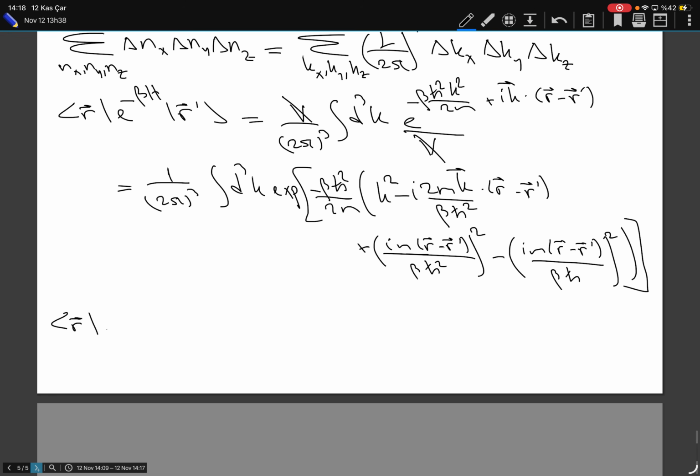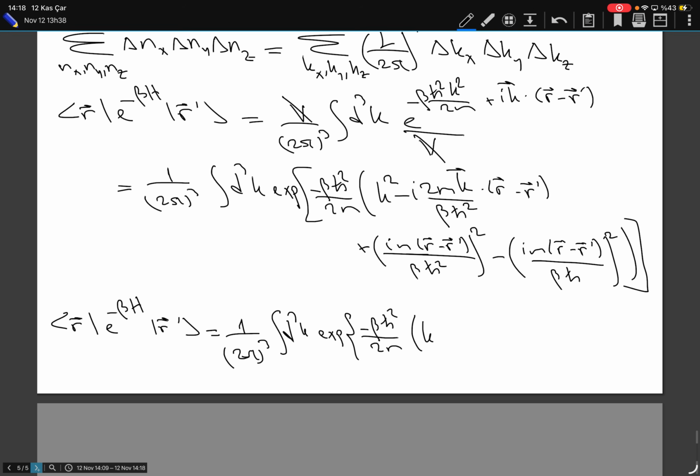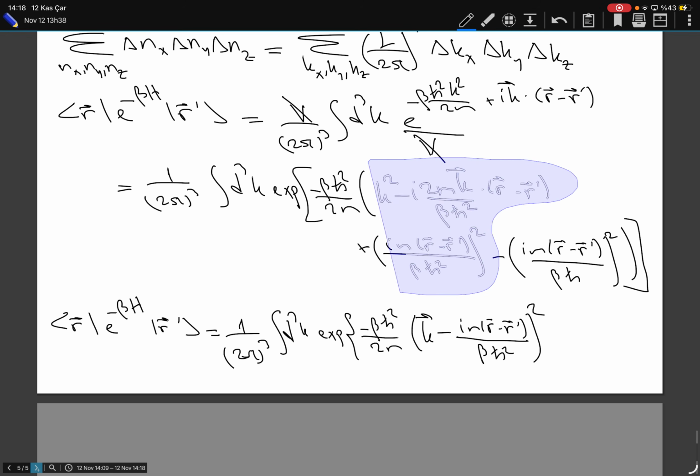So that matrix element is 1 over (2 pi) cubed, integral d cubed k, exponent minus beta h bar squared over 2m, k minus i m (r minus r prime) over beta h bar squared, all of these things squared. It's just the first three terms, these three.